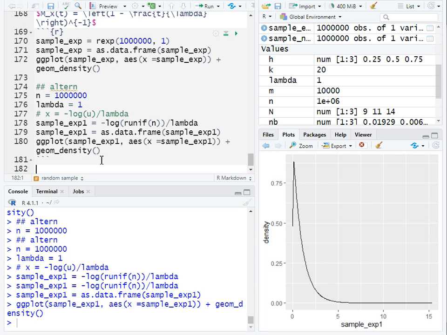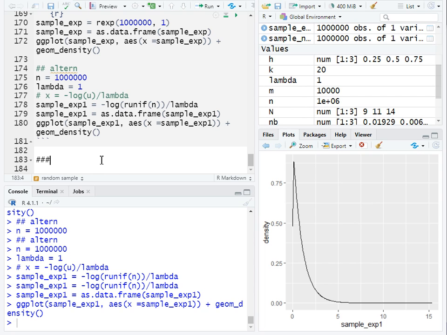So let's write this property, lack of memory, over here. This notation, X minus w given that X is more than w, represents the random variable X minus w conditional on X assuming a value greater than w.